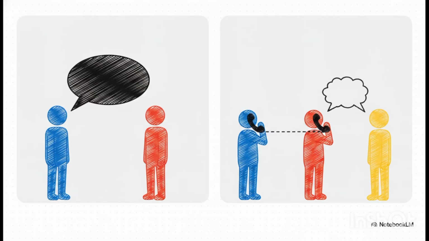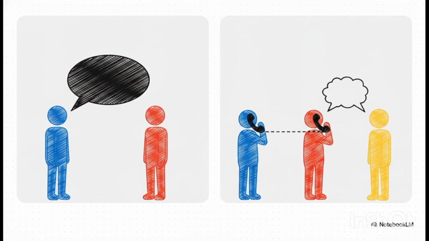Okay, let's wrap our heads around this by comparing a direct, face-to-face conversation with an indirect one. Think of direct speech as looking someone right in the eyes and hearing their exact, literal words. It's immediate, it's precise. Indirect speech, on the other hand, well, that's more like passing a message along to a third person over a phone call.